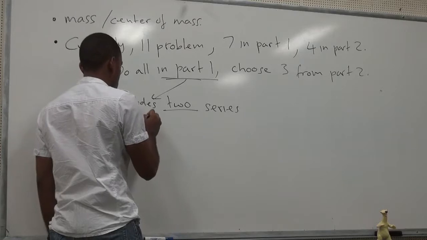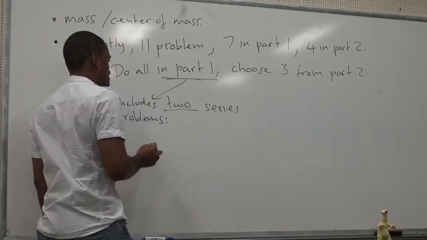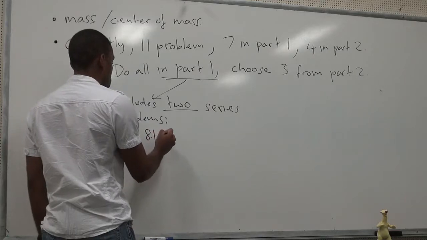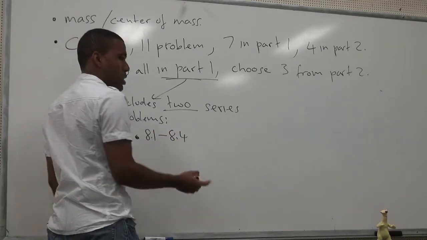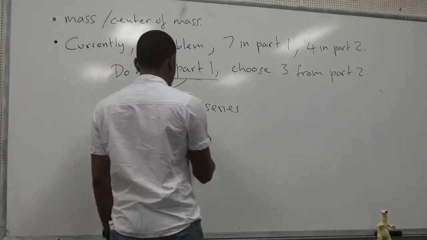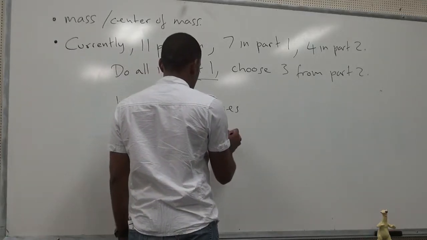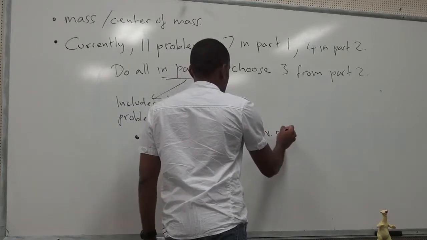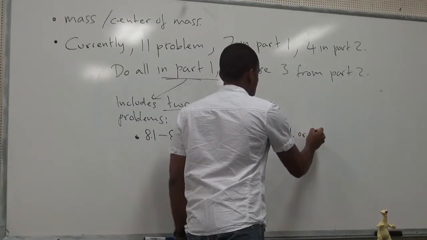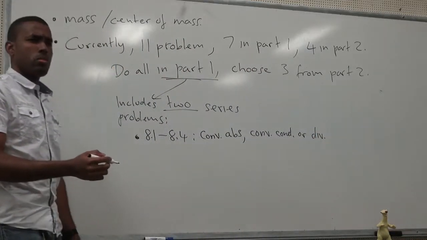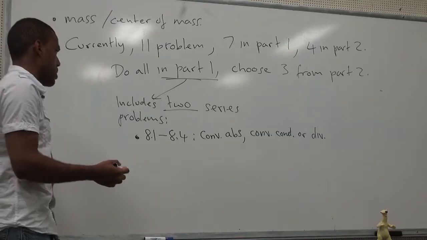You mean like 8.5 to 8.7? There's one that covers 8.1 to 8.4. So just like in the test, tell me if it converges absolutely, conditionally, or diverges. I think I asked 3 series, maybe 4. 3 series, probably.